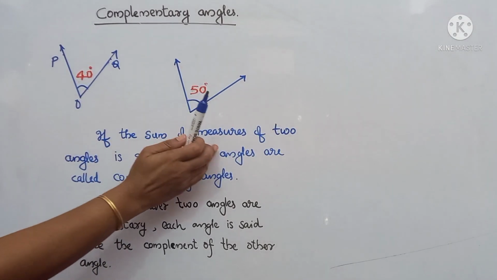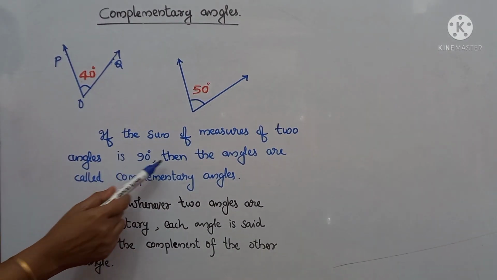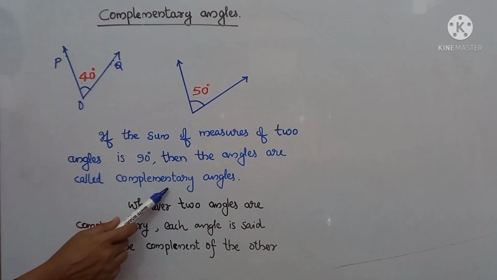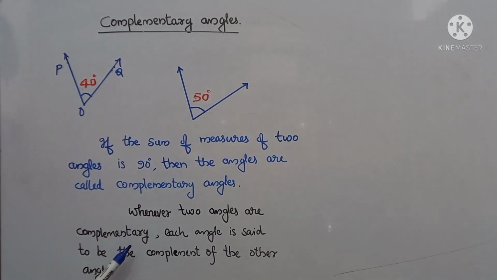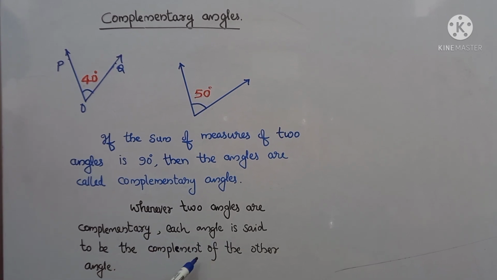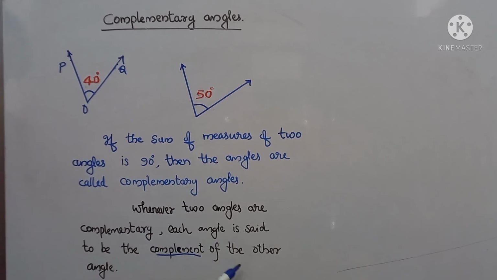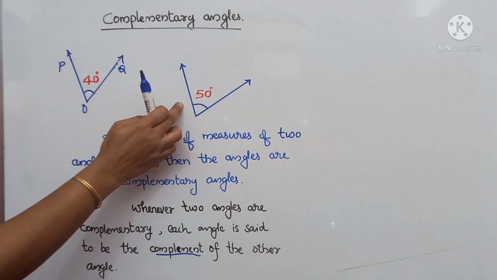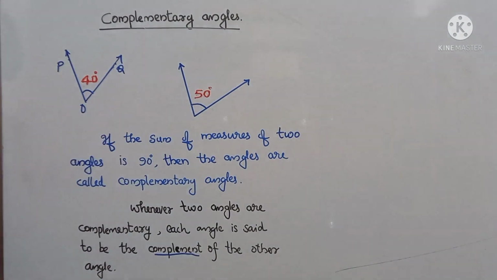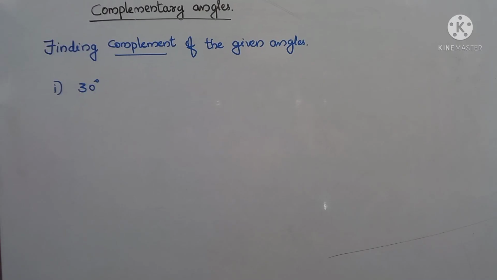We know that when the sum of the measures of two angles is 90 degrees, the angles are called complementary angles. Whenever two angles are complementary, each angle is said to be the complement of the other angle. Here 40 degrees is the complement of 50 degrees and 50 degrees is the complement of 40 degrees.